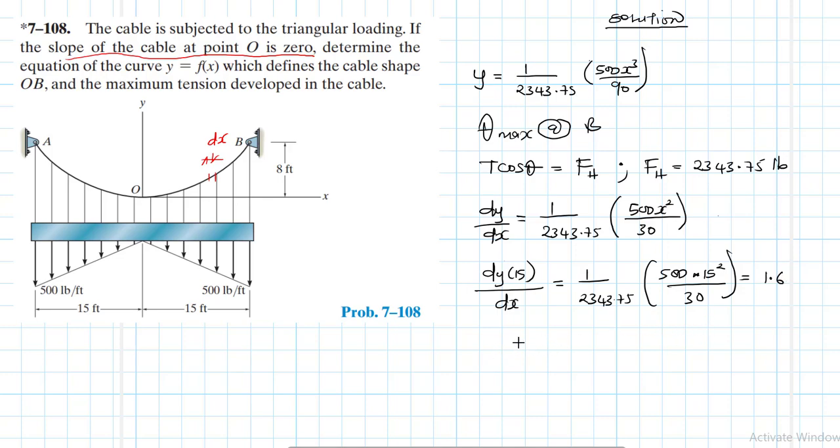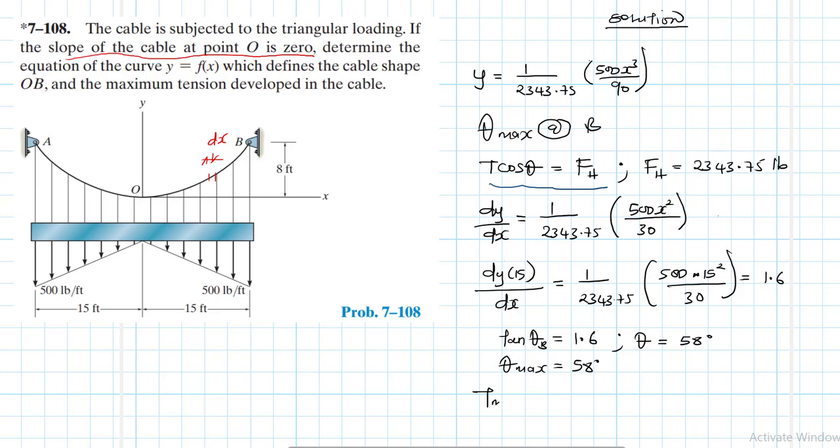So tan theta B is equal to 1.6. And therefore, theta is going to be equal to arctan of that. Arctan of 1.6 gives us 57.99, which is 58 degrees. So now, using this equation here, this is our maximum theta equal to 58 degrees.